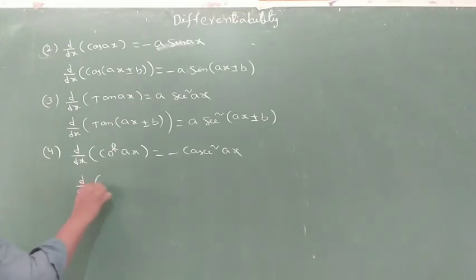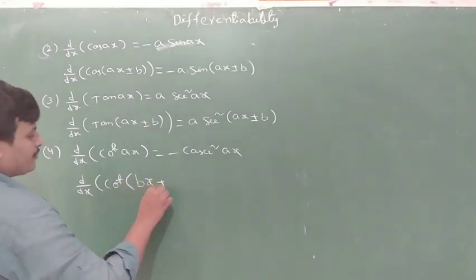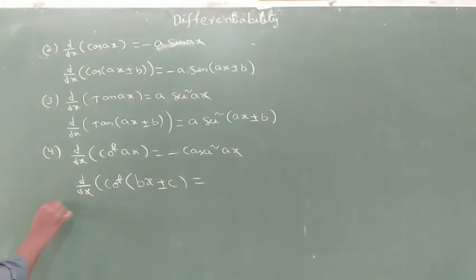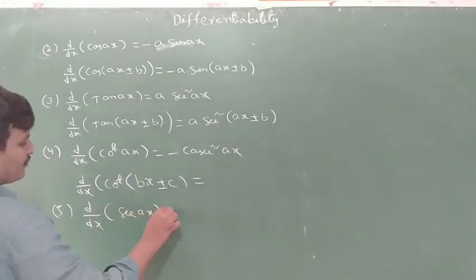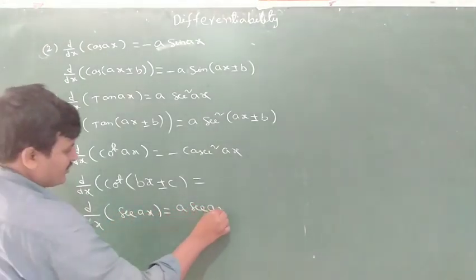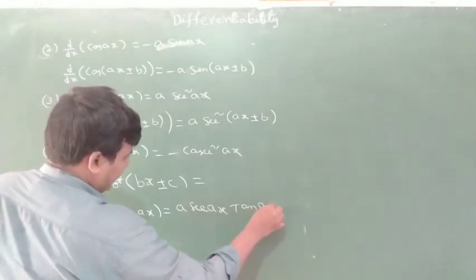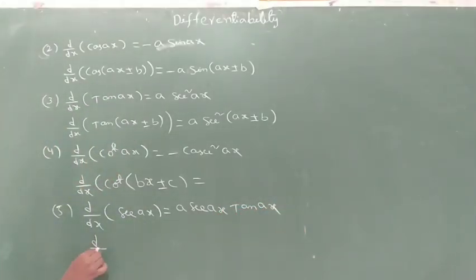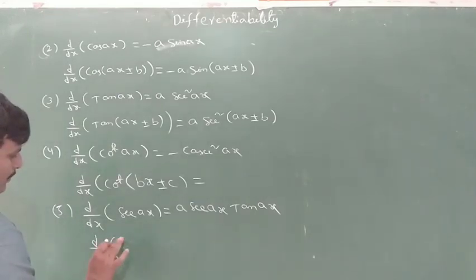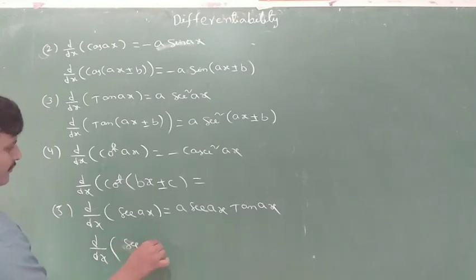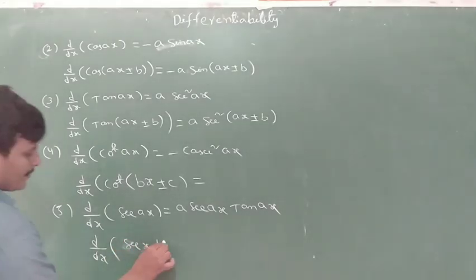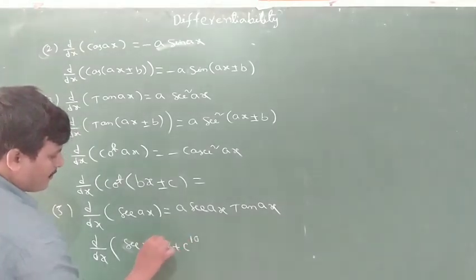d by dx of cot bx plus or minus c. Next, d by dx of secant ax is equal to a into secant ax into tan ax. d by dx of secant of bx plus c.